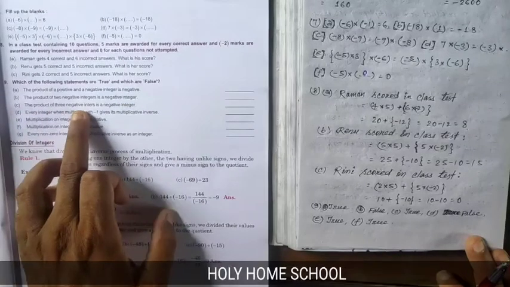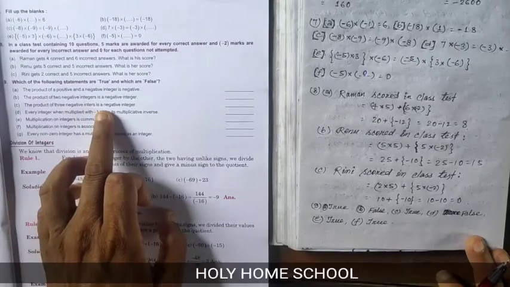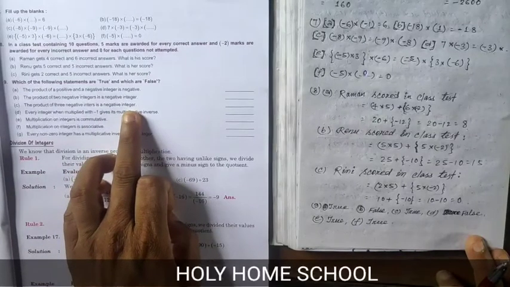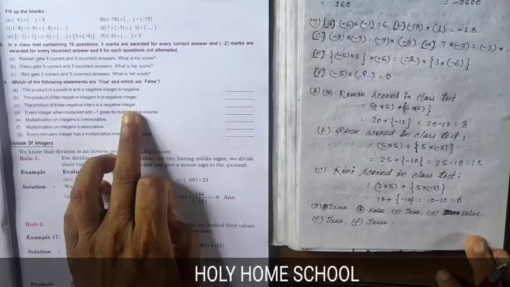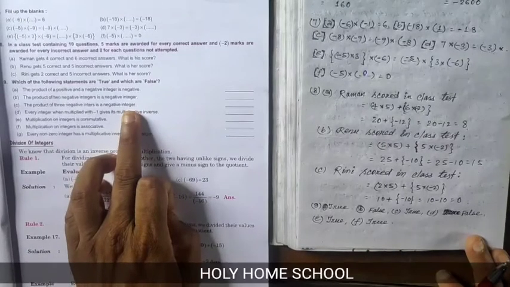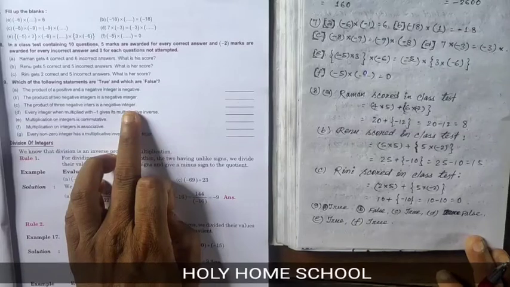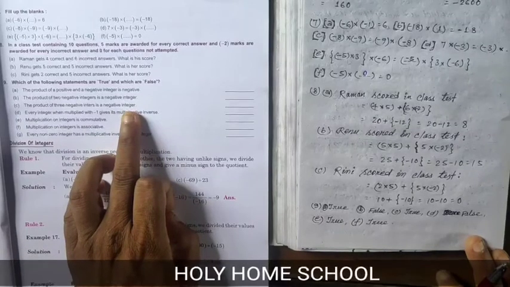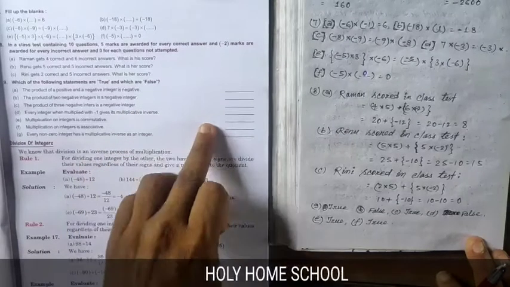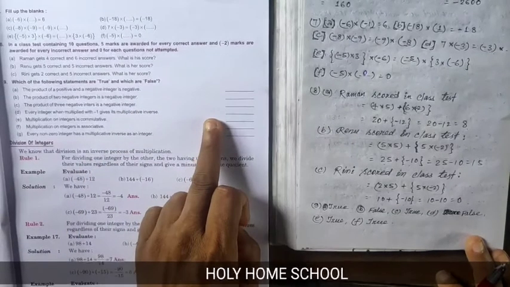The product of three negative integers is a negative integer. True, because minus into minus into minus equal to minus. Why? Because minus into minus equal to plus, and again plus into minus equal to minus. So this is true.